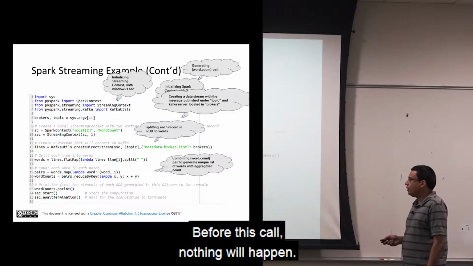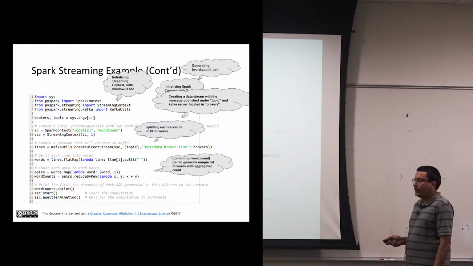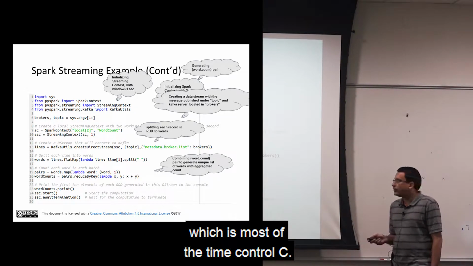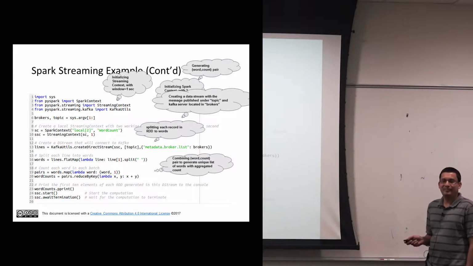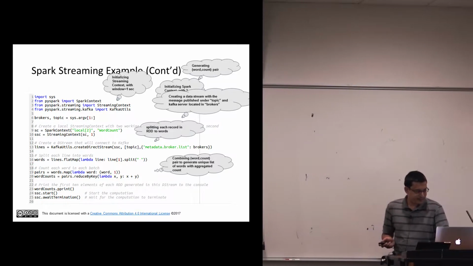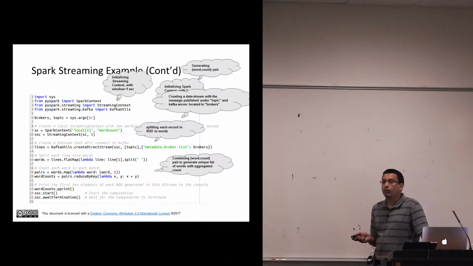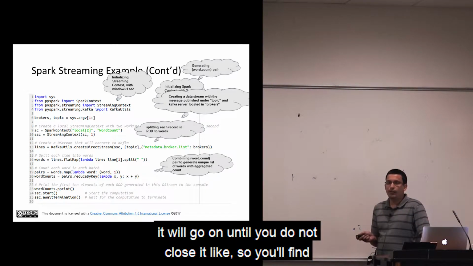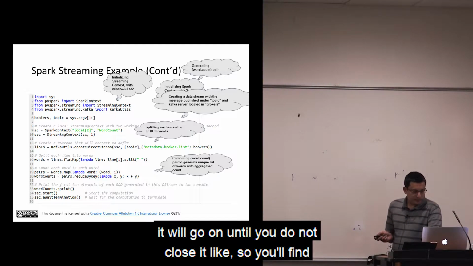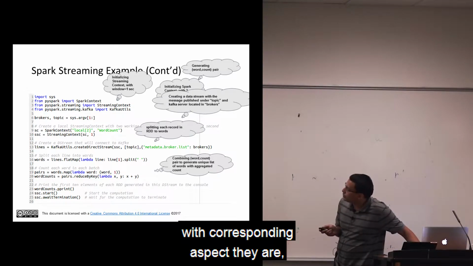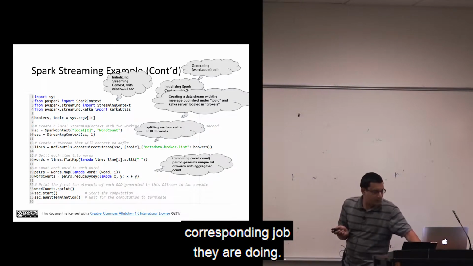Before this call, nothing will happen, and you will await the termination of the computation, which is most of the time Control-C, because a Spark streaming application will go on until you close it. So you will find that every line has been marked with the corresponding job it is doing.